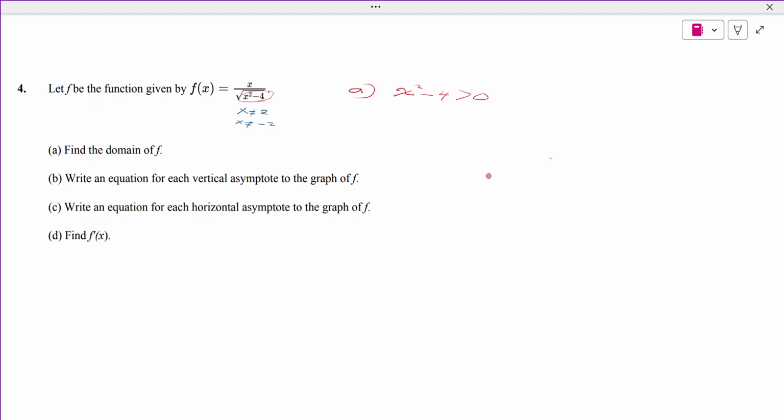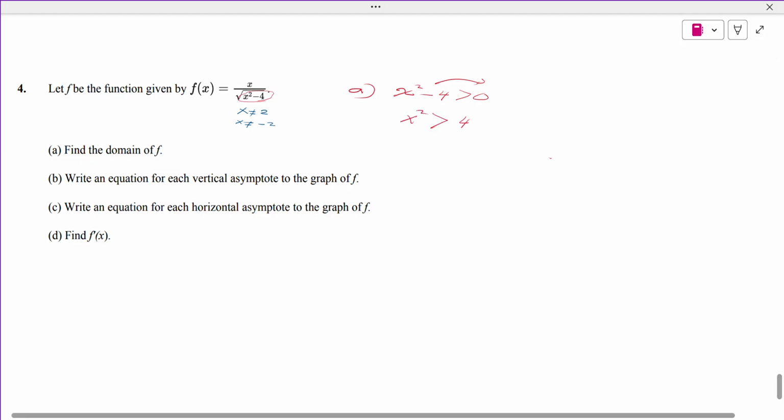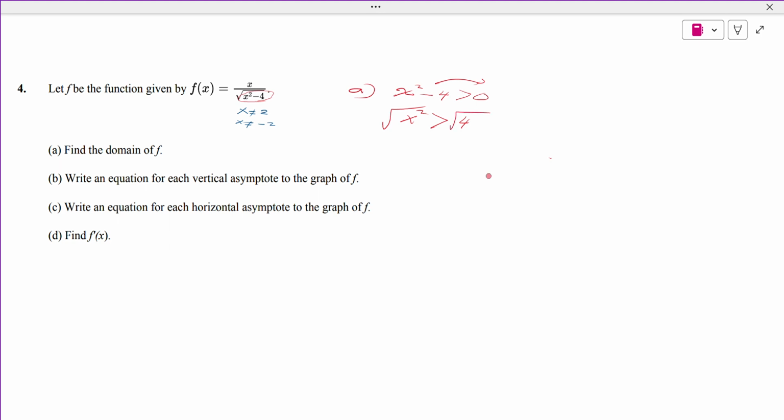This can be done by getting the 4 to the other side. So x squared is bigger than 4. If we take the square root on both sides, that means the absolute value of x is bigger than 2. What does that mean?